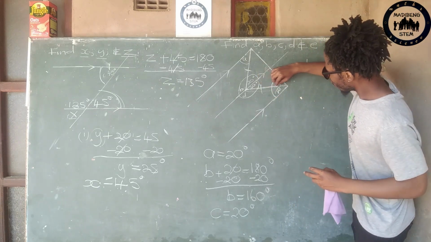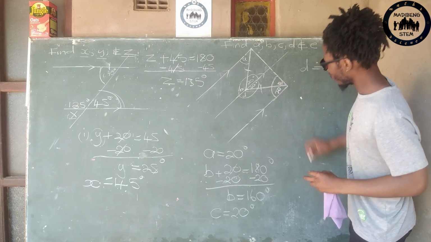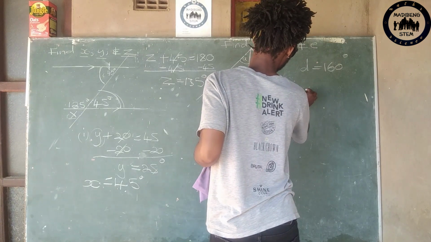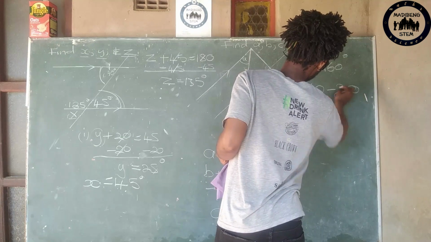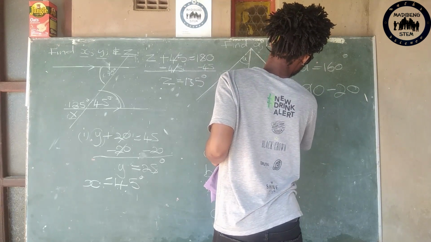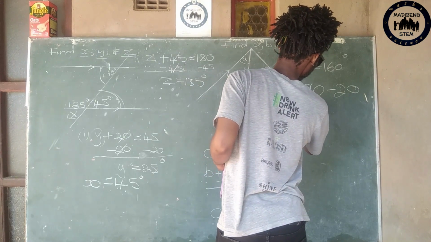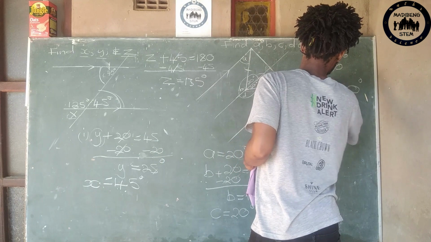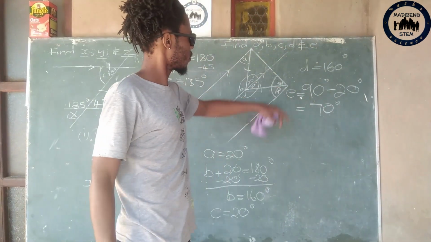So now, if here is 20, then what is your E? You will say 90 minus 20, then this is 70 degrees.